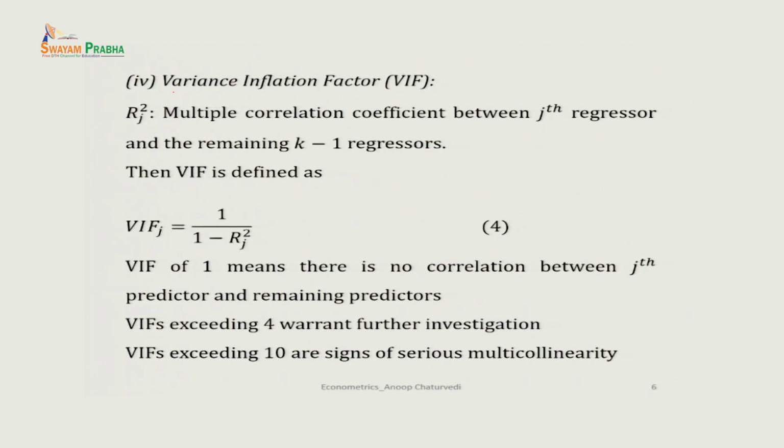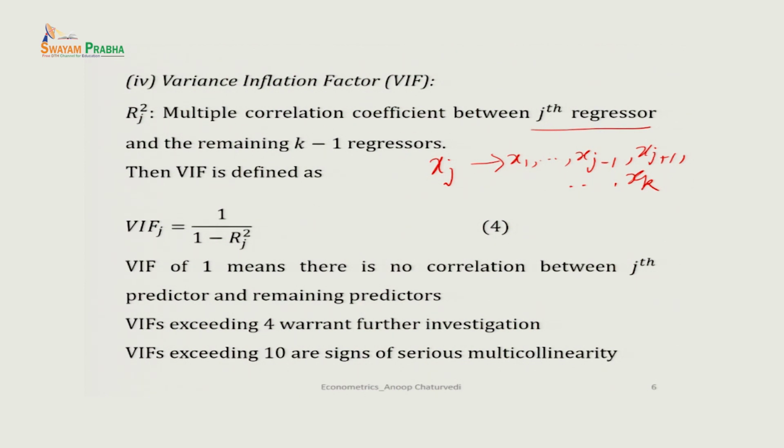Next measure is variance inflation factor VIF. Now, suppose we run the regression between the jth regressor say x j and the remaining k minus 1 regressors say x 1 so on x j minus 1, x j plus 1 so on x k, and then R j square is the multiple correlation coefficient.